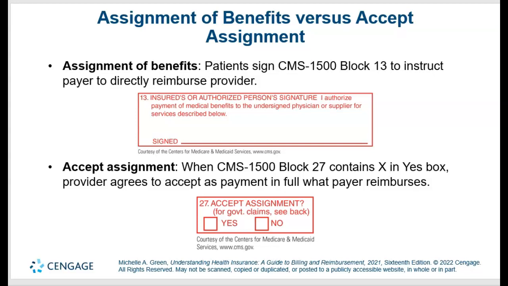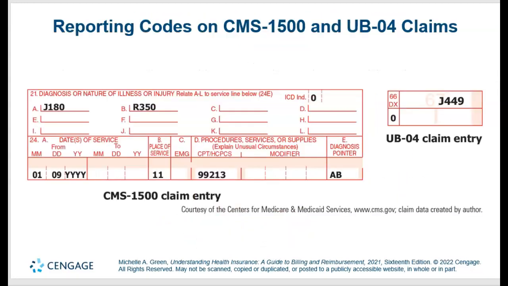But now with all the new HIPAA laws, for you to go to the physician, it is basically stating that you accept the benefits, okay? That you, with going to that doctor, you're okaying for them to directly reimburse that provider. And then here, you're going to check, yes, accept assignment.